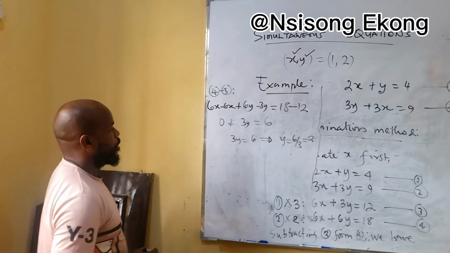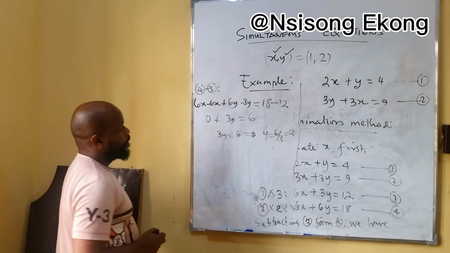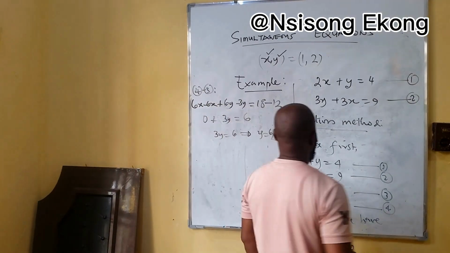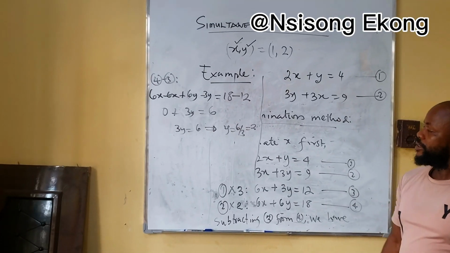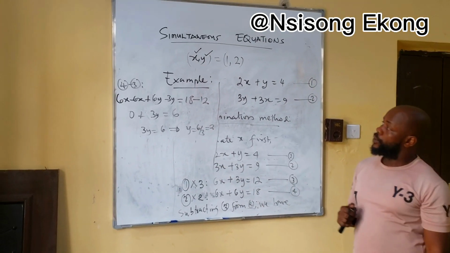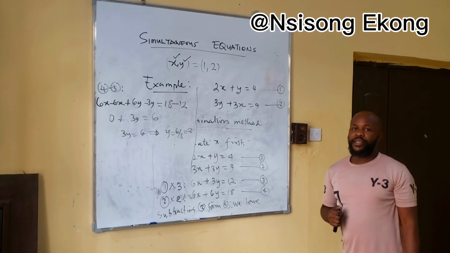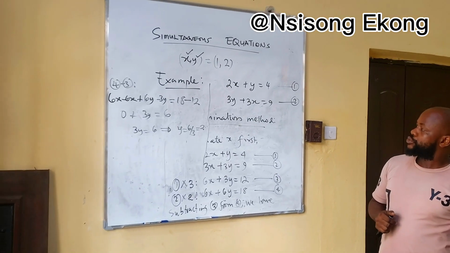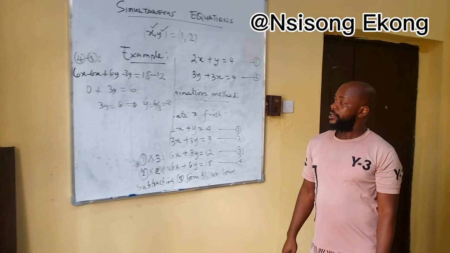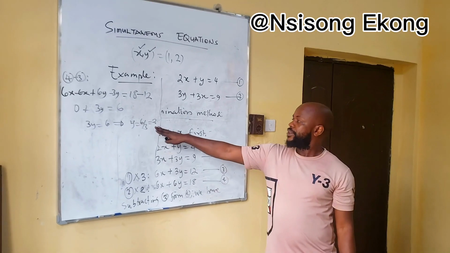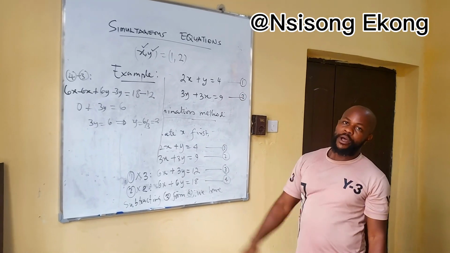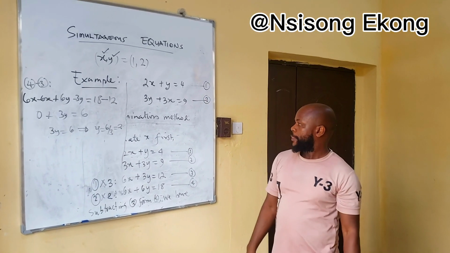Okay? Then we've been able to eliminate x from the equation to have a value for y, which equals 2. At this point, if you are solving an exam, you don't need to go back and eliminate y to have a value for x. You can now substitute the value of y, which is 2, in equation 1 or 2 to have the value for x.